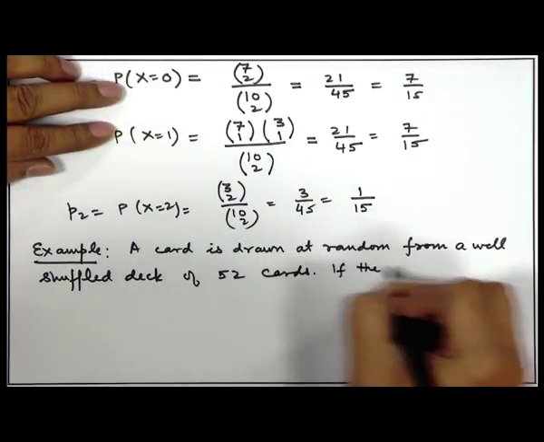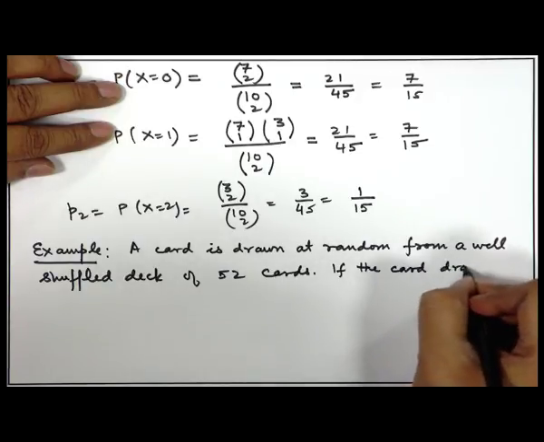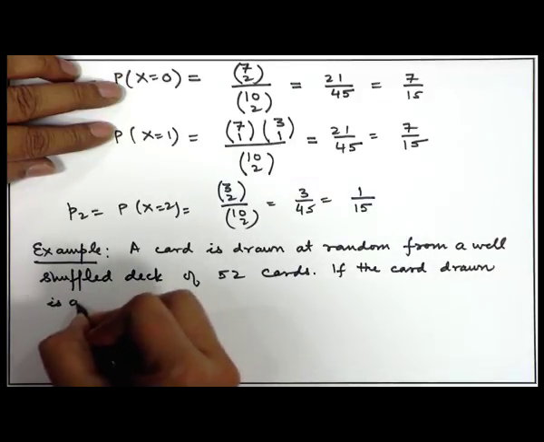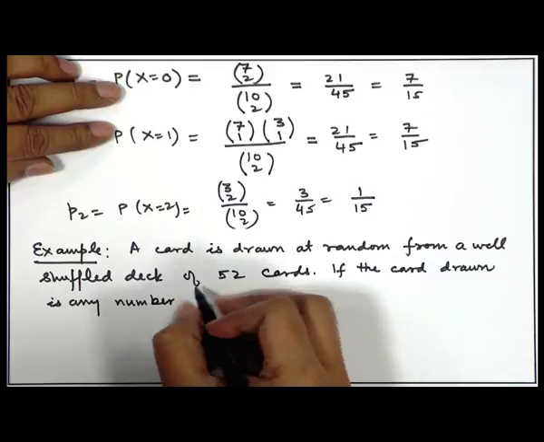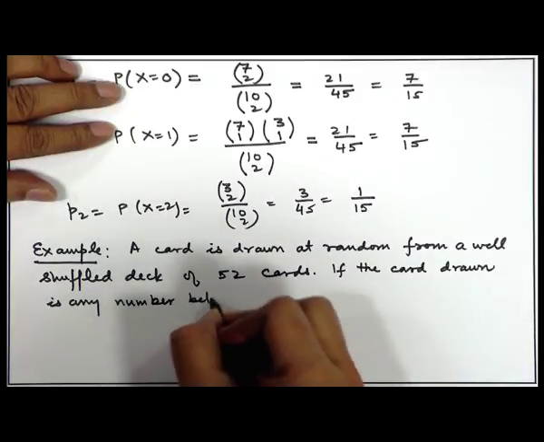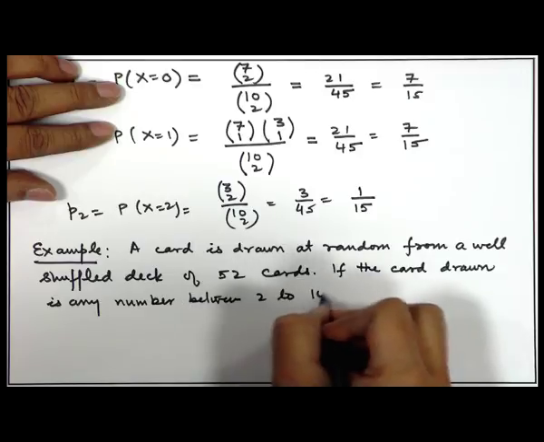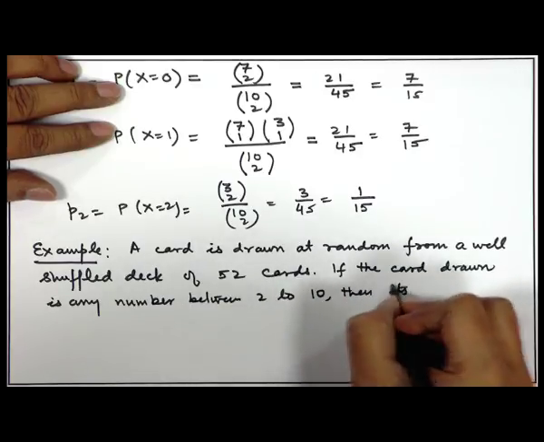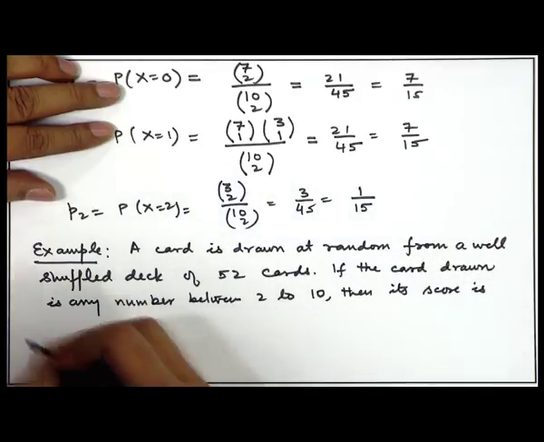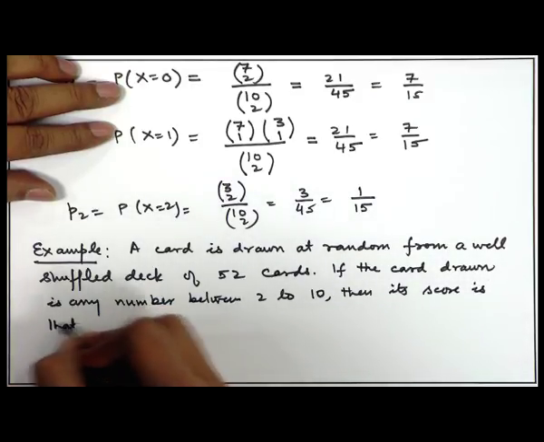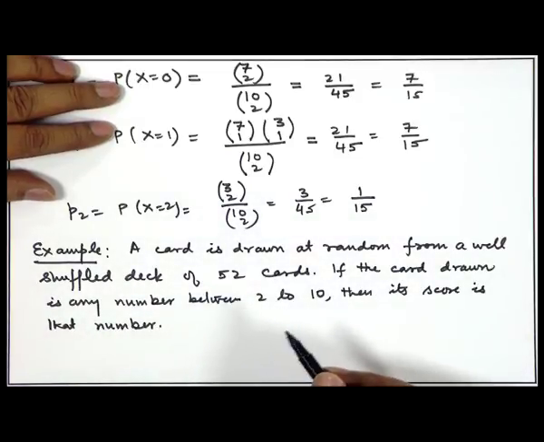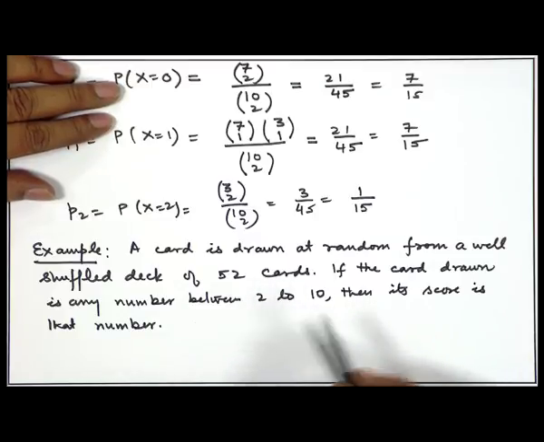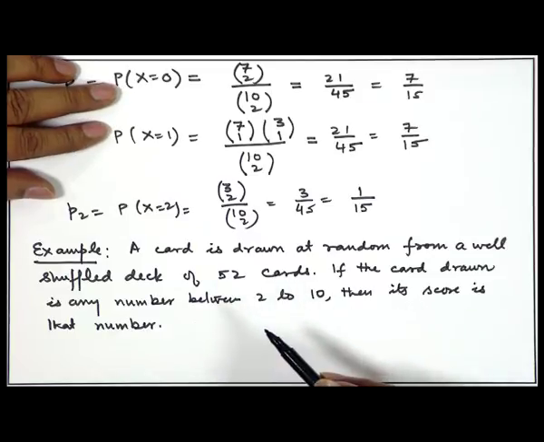If the card drawn is any number between 2 to 10, then its score is that number. That means, if we draw a 2, then the score allocated is 2. If we draw a 5, then the score allocated is 5.